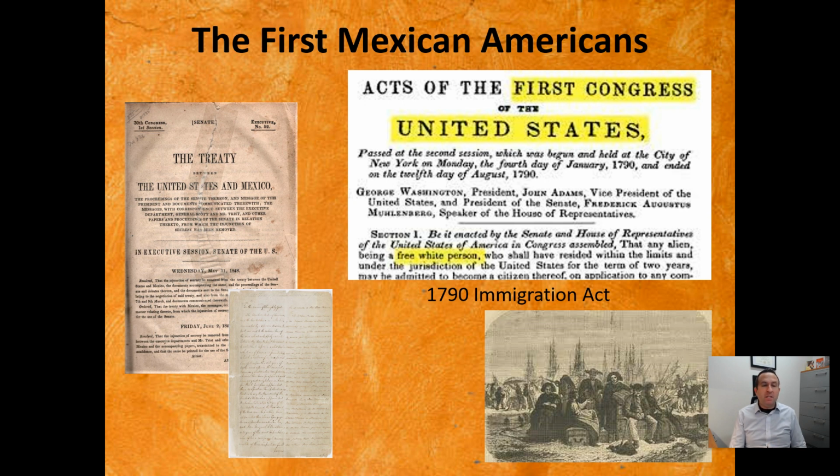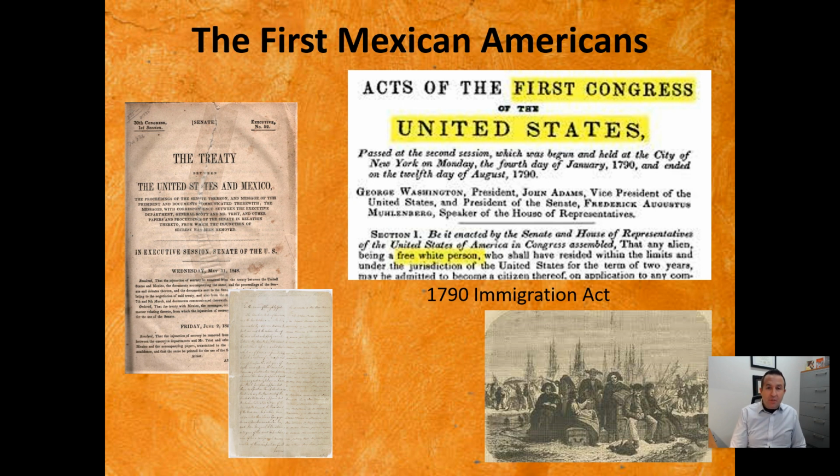But most importantly, you see on the screen highlighted: any alien being a, quote, free white person, unquote. And this is important because citizenship in the United States, based on our very first Immigration Act, said that if you want to be eligible for citizenship, you must, number one, be a free white person.